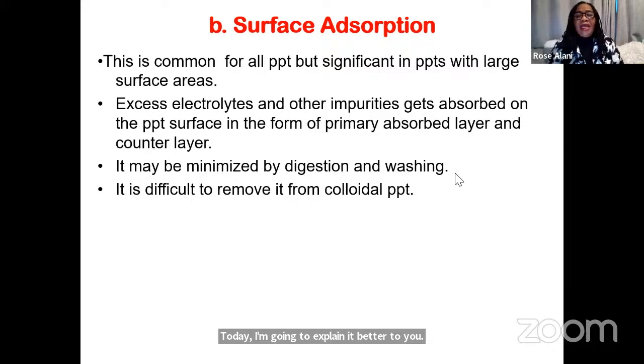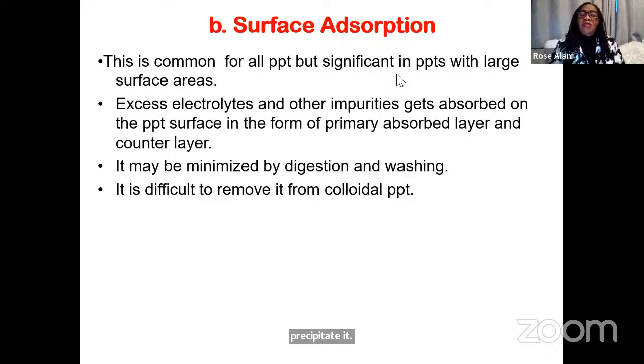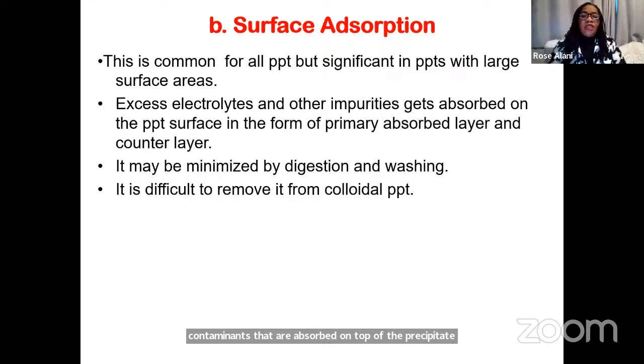It may be minimized by digestion or washing. It's difficult to remove the contaminants that are adsorbed on top of the precipitate by washing from colloidal precipitates.